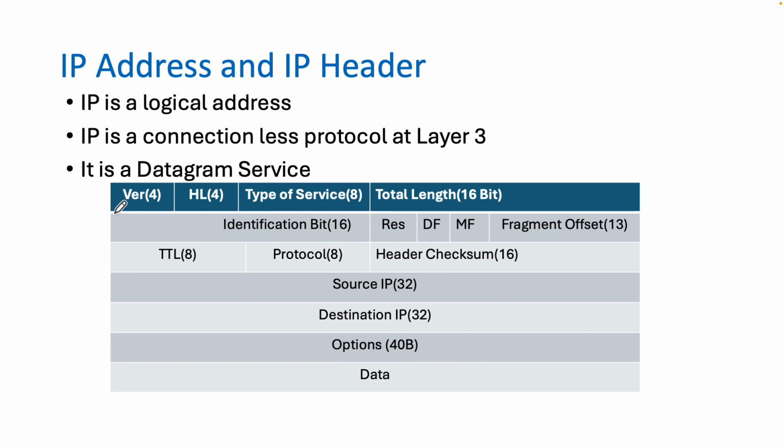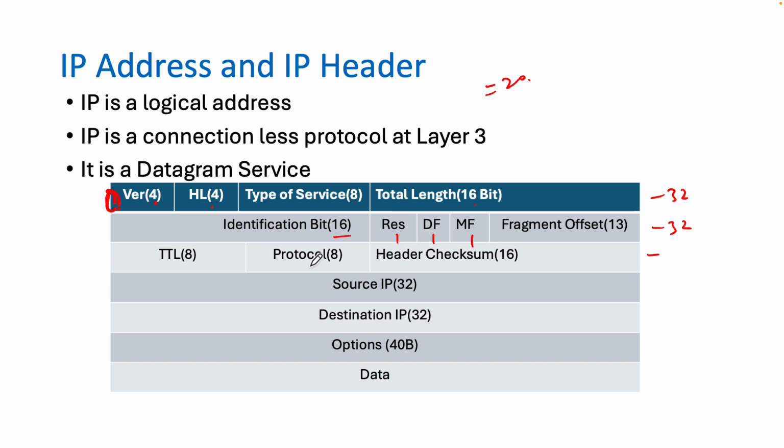So let's start the discussion. This is field number 1, which is of 4-bit. If you add all of these fields, the answer will be 20 bytes. I can add 4-bit plus 4-bit, 8-bit plus 8, 16, 16 plus 16, 32-bit in this line number 1. And this identification, which is for fragmentation, 16 plus 3 flag bits plus 13, 32-bit.